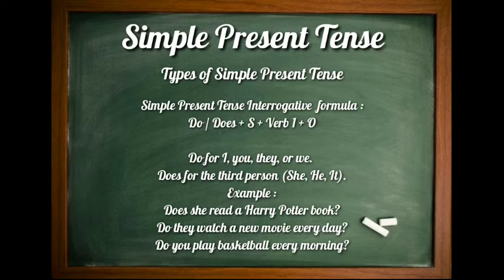So the formula will be do or does plus subject plus verb 1 plus object. The word do is used when the subject is I, you, they, or we. However, the word does is used if the subject is third person singular, such as she, he, and it.